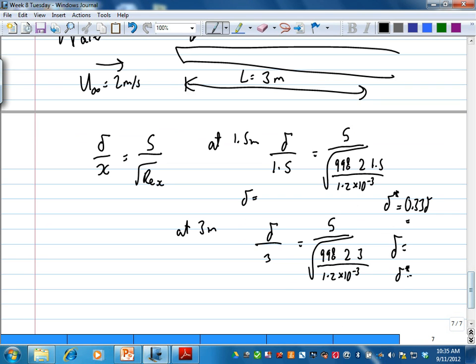What is x? x is the distance up. If you're 1.5 meters from the leading edge, x is 1.5. If you're 3 meters from the leading edge, then x is 3.